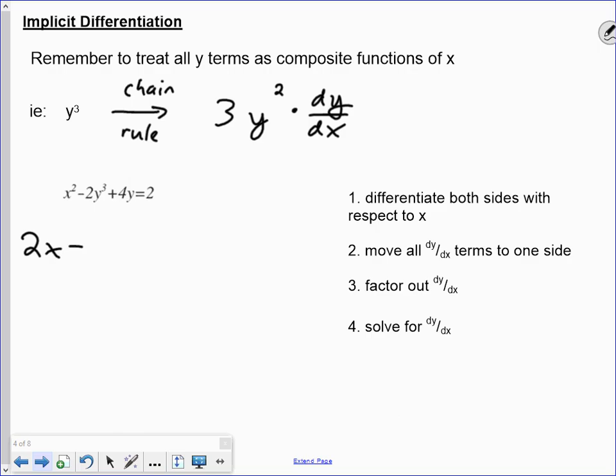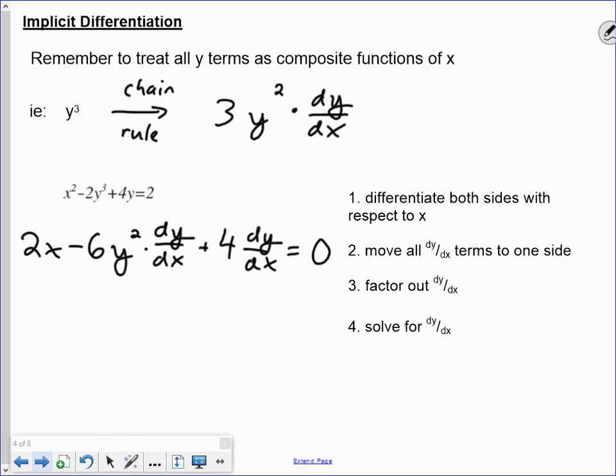So I bring down the 3 to get negative 6y squared times dy dx. My next term, plus 4y, again, I'm going to take the derivative with respect to x, treating this as a composite function. 4, and the derivative of y is just going to be dy dx. And on the right-hand side, the derivative of 2 is just 0.